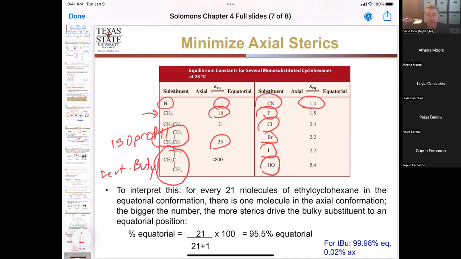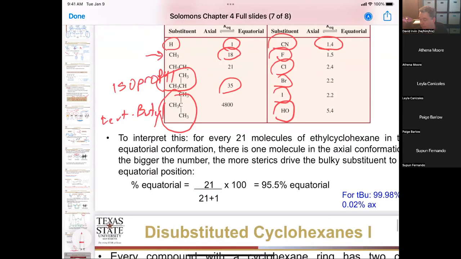Okay, so that being said, we can actually calculate the percentage. In this case, we can interpret this as the ethyl group configuration. Let me circle that in a different color here. In this ethyl group configuration, it's 21 times more likely to be in the equatorial position.